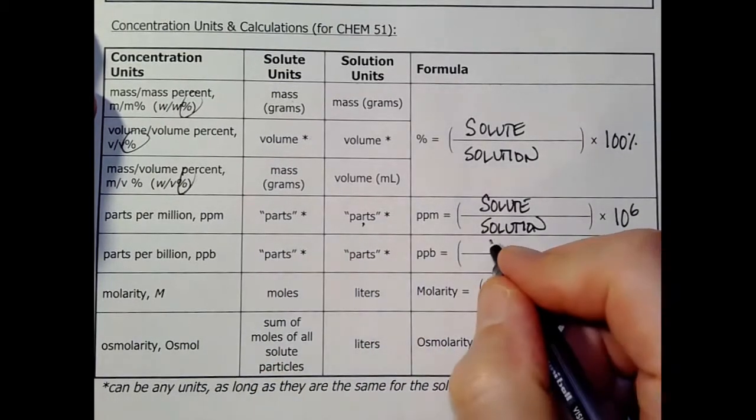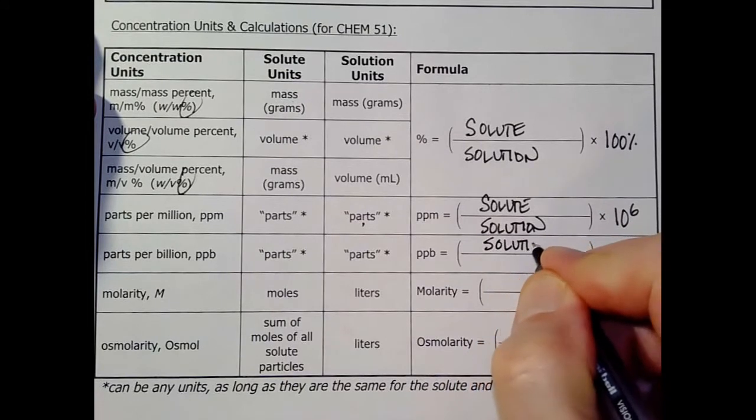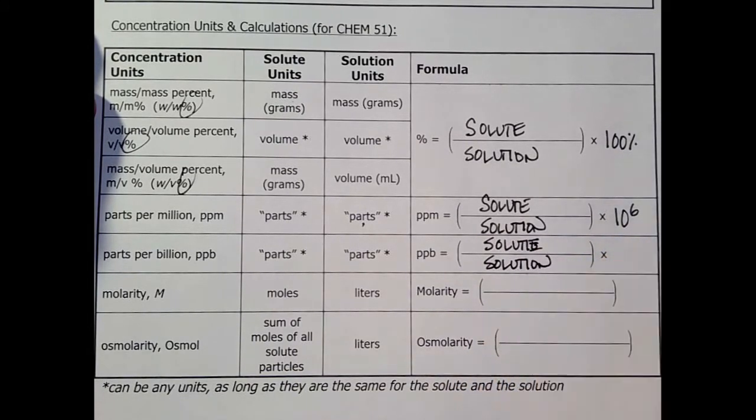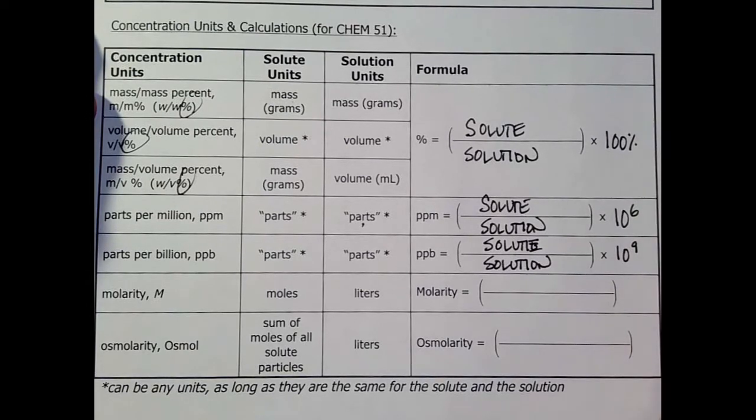Parts per billion, no surprise. Solute over solution. Percent, multiplied by 100. Per million, multiplied by 1,000,000. Per billion, multiplied by 1,000,000,000. Construction management people, maybe ag people, might see this on a site that has a very dilute, maybe nutrient or like a contaminated site. We'll talk about these very low concentrations.